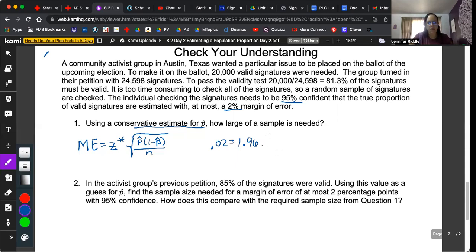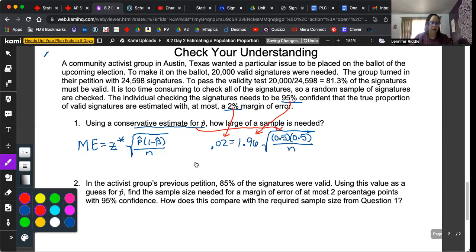And then for my p hat, because it's asking for a conservative estimate of p hat, I'm going to use 0.5, and 1 minus 0.5, divided by my sample size, n is what I'm looking for. Okay. So just pointing out where all of these numbers came from, my 2% margin of error, my 95% confidence interval, and my conservative estimate for p hat.